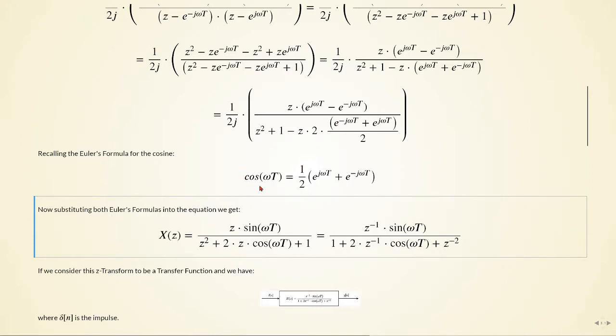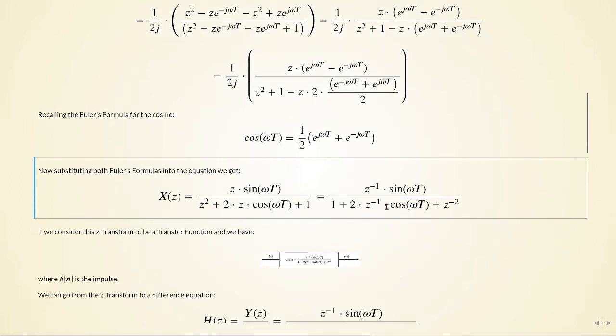This is the Euler's formula for the cosine, and then we will end up with z times the sine. So the sine goes from the Euler formula of this divided by this, and here we'll have z squared plus 2 times z times the cosine. So we have 2 times z here, and this is the cosine, plus 1. And we can also have this in terms of z, and here we can see it in terms of z to the power of minus 1.